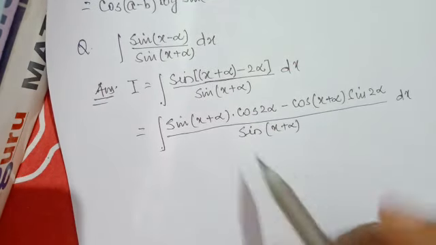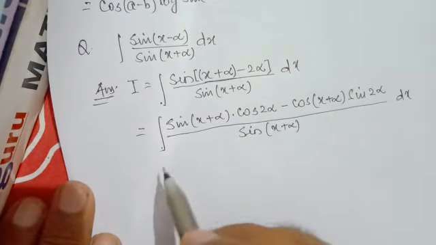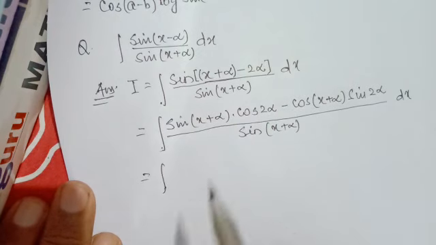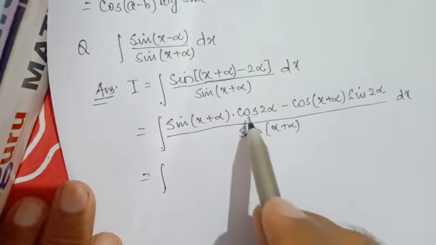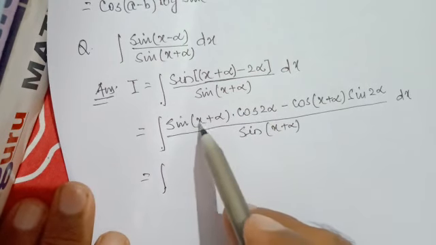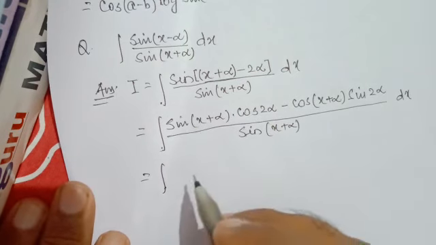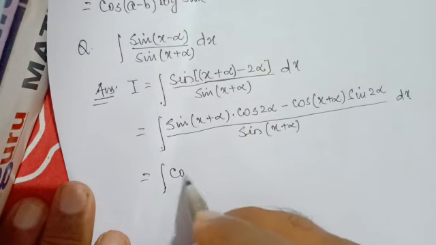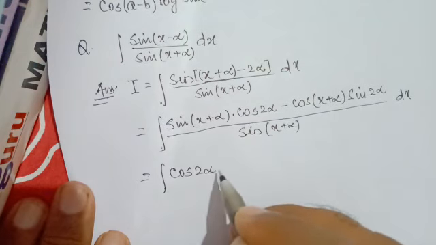Now separate it into two integrations again. So sin(x plus alpha) into cos 2 alpha upon sin(x plus alpha). Here sin(x plus alpha) and sin(x plus alpha) should cancel. Only left cos 2 alpha dx.